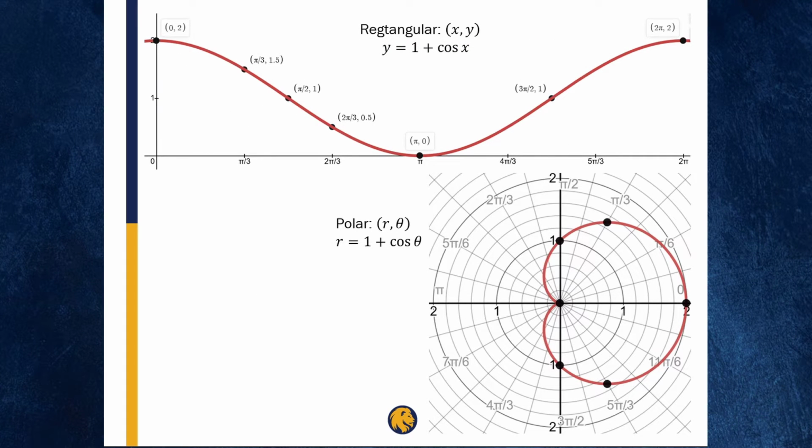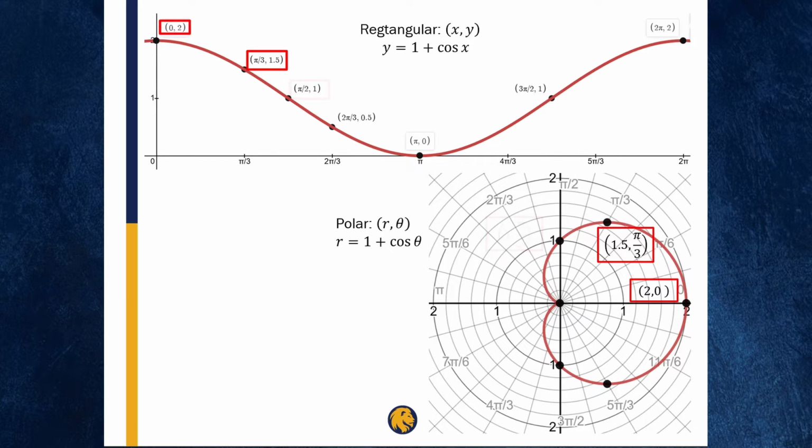and still the diameter and the distance away from the origin would be determined by the value of a. We'll take a look at some more graphs in their rectangular and polar forms. Here, let's look at y equals 1 plus cosine x in rectangular and r equals 1 plus cosine theta in polar. And so this one starts at 2, 0 in polar form. And if we follow the values from the rectangular graph, the polar graph will go from 2, 0 to 1.5, pi over 3.